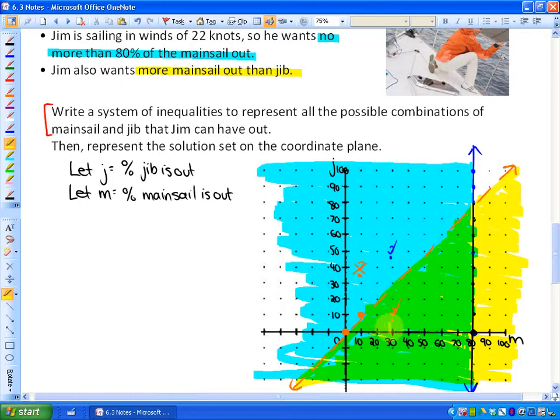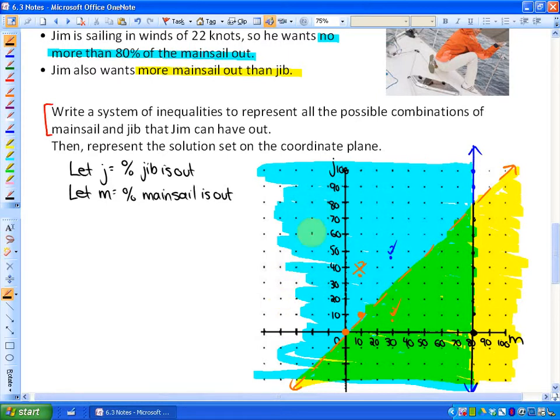But you have the same representation of your answer. So that overlap green part represents all the possible combinations. For example, if we look at this point here, this would be no more than 80% of mainsail out, as well as more mainsail out than jib. Also, this point here would be no more than 80% of mainsail out, but more mainsail than jib. Those are the two constraints. So those are all the representations of solutions.